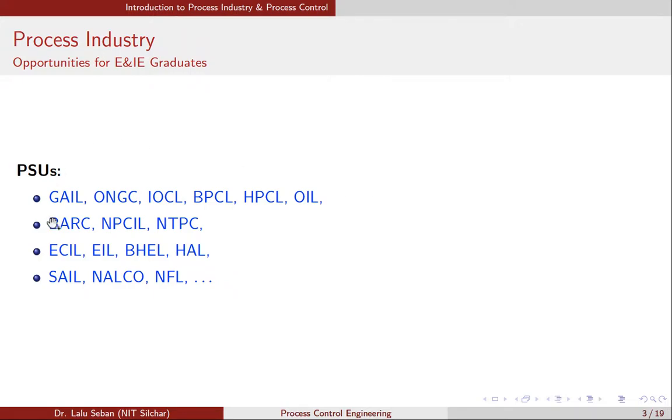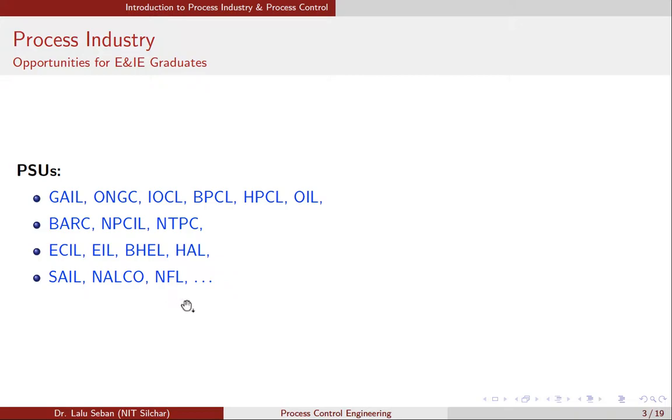They are Gas Authority of India Limited, Oil and Natural Gas Corporation, Indian Oil, Bharat Petroleum, Hindustan Petroleum, Oil India Limited, Bhabha Atomic Research Centre, Nuclear Power Corporation, Thermal Power Corporation, Electronics Corporation of India Limited, Engineers India Limited, Bharat Heavy Electricals Limited, Hindustan Aeronautics Limited, Steel Authority, Aluminium Corporation, Fertilizers Limited.